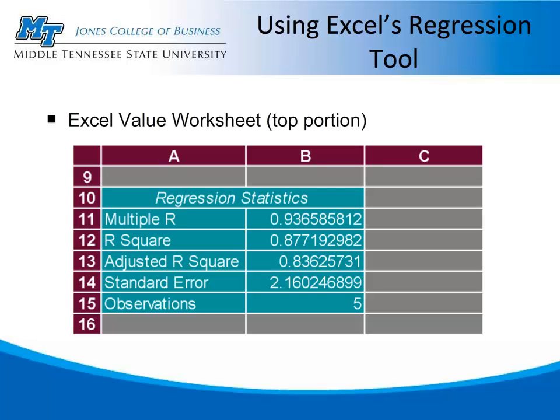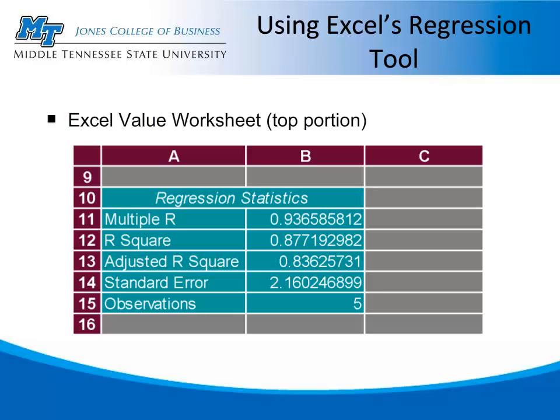Now rather than explain this one in terms of the cars sold and the TV ads, what I want to do is to interpret this based upon a generic description. We just have an independent variable, we have a dependent variable. Observations tells you that there were 5 values in that data set. The R squared value tells you that 87.7% of the variation in the dependent variable may be attributed to the linear relationship between the independent and the dependent variables.